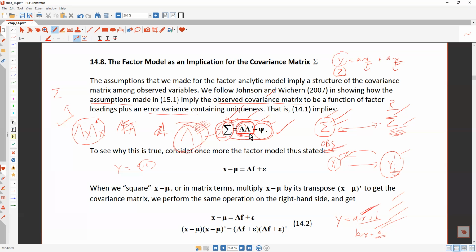So what's the big decision that has to be made in factor analysis? We're at the crux of it here. The big decision is, what should this contain? Well, it's going to contain loadings, but the question is, for how many factors?